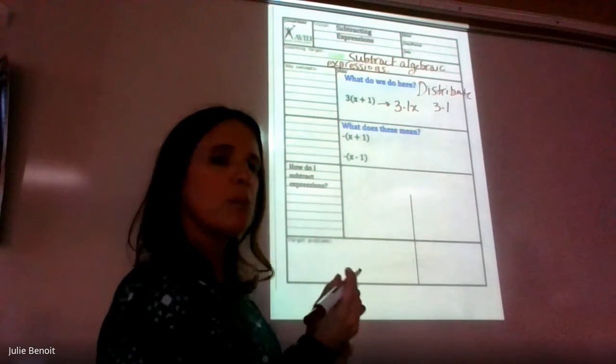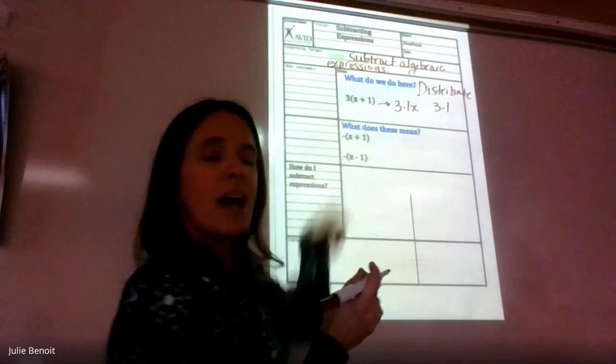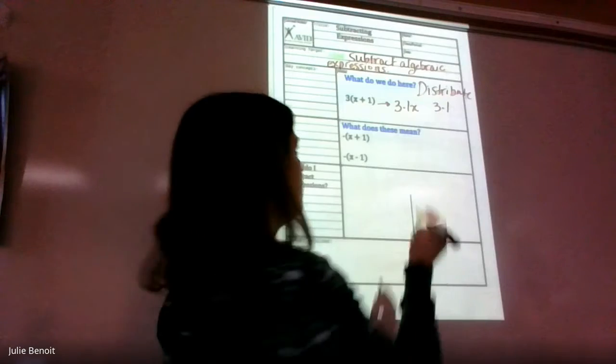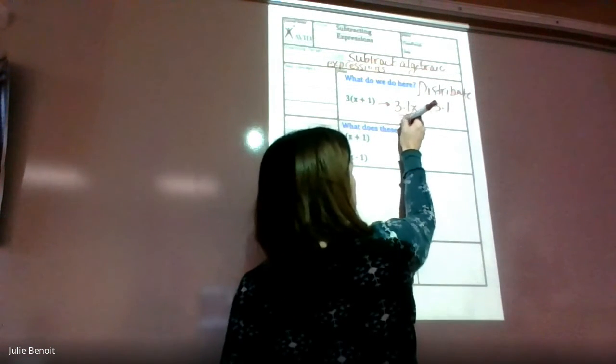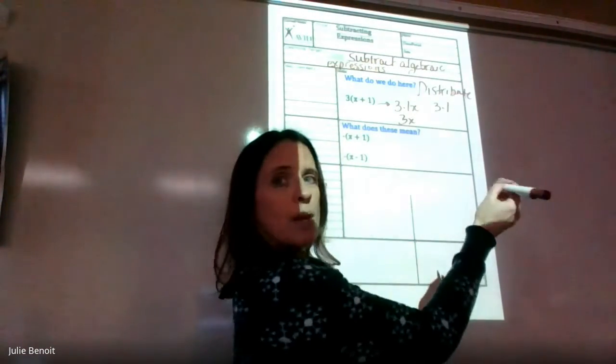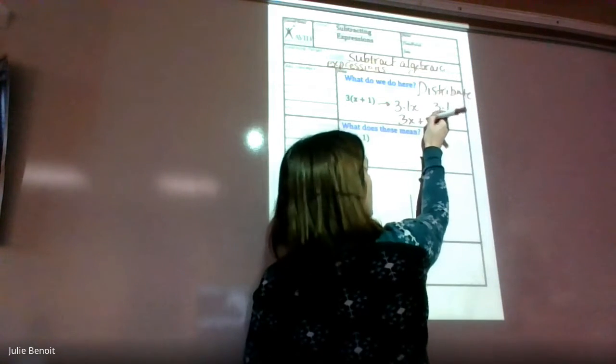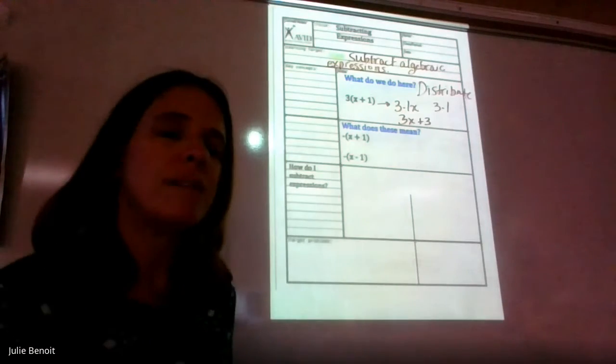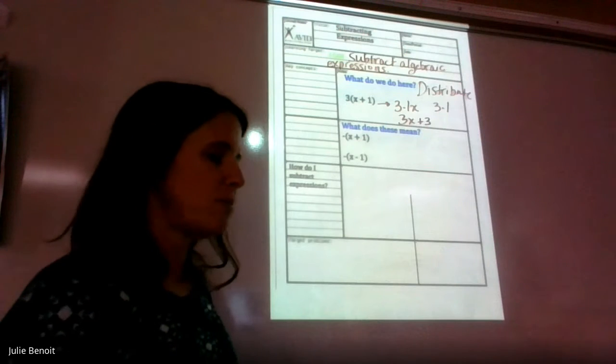So both terms in there. The x did not have a coefficient of 1. We put that in. 3 times 1x is 3x. 3 times 1 is 3, and that's a positive 3, right? So that's how that distributive property works, just as a reminder.